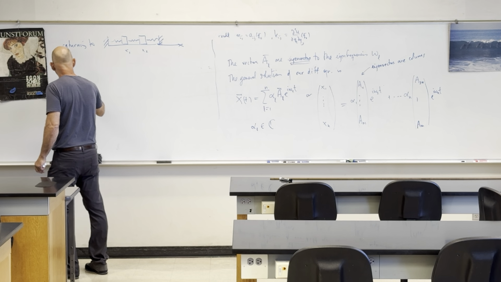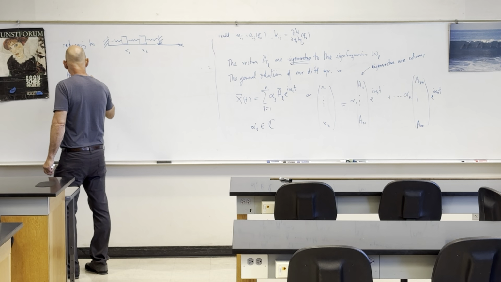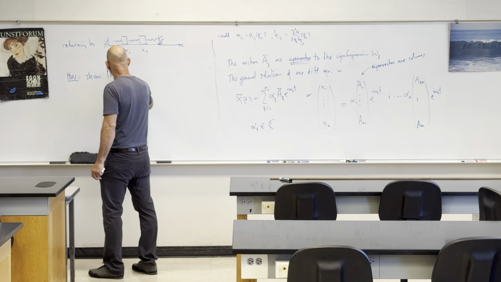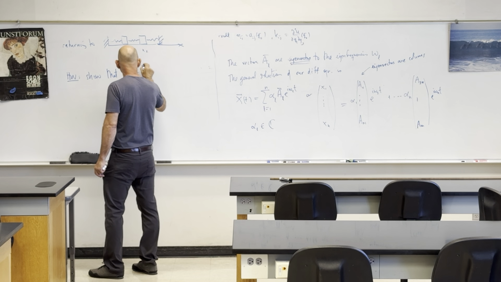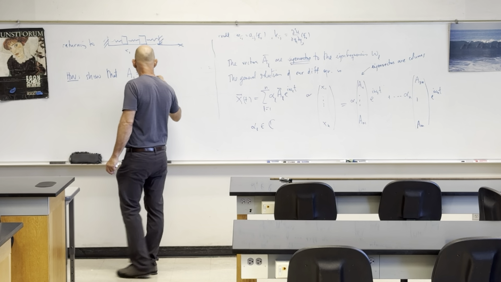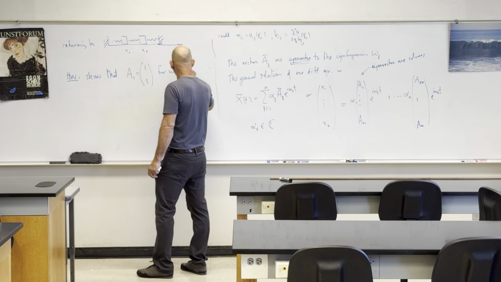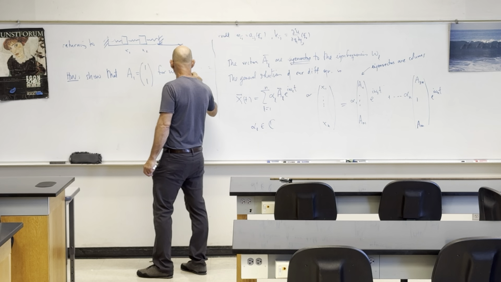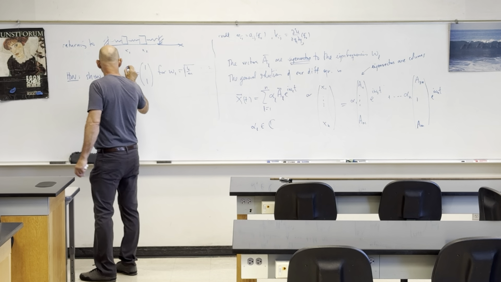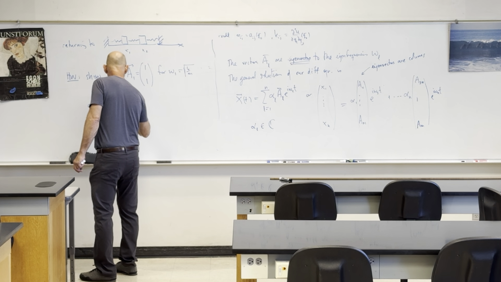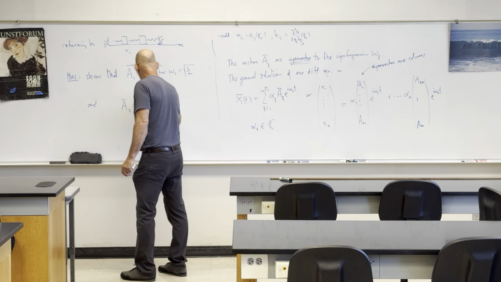So homework. For this system here, show that A1 equals 1, 1, or omega 1 equals root K over M. So I'll put an arrow here, and A2 equals 1, minus 1.